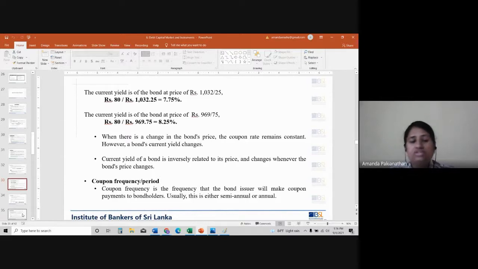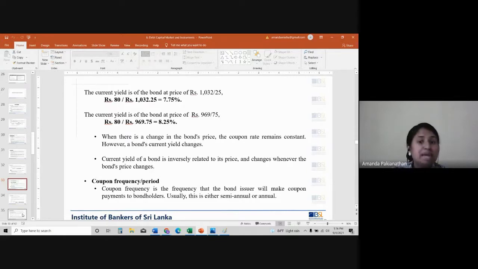Coupon frequency or coupon period, even though I have amalgamated both of them into one, understand coupon frequency will decide the coupon period. Why? Coupon frequency will tell you how often you are paid interest in a year. So in a year, if I am paid interest monthly, the frequency would be 12.